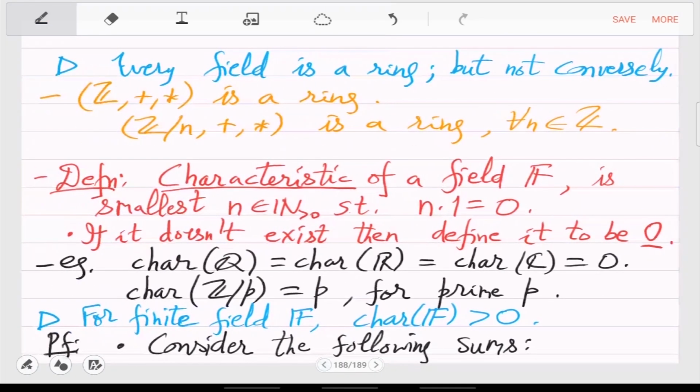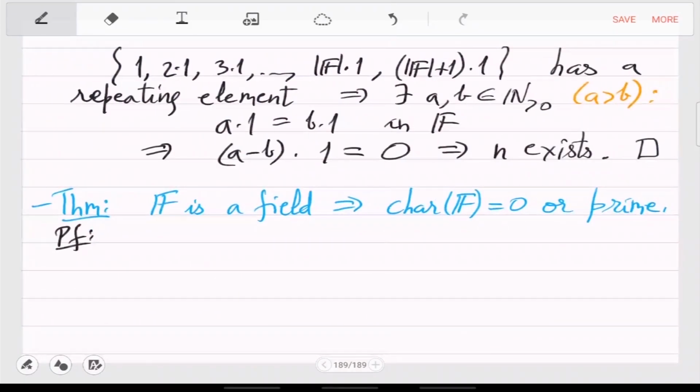These examples that we saw, rational, real, complex, characteristic being 0, and characteristic of Z/p being p, which is a prime. These are the only values. You can only get characteristic 0 or a prime number.